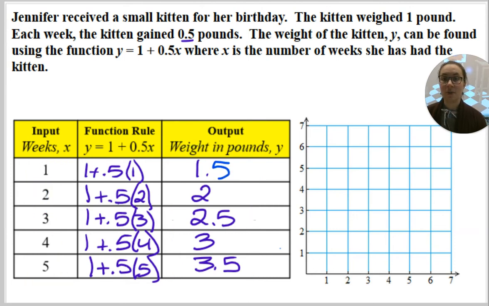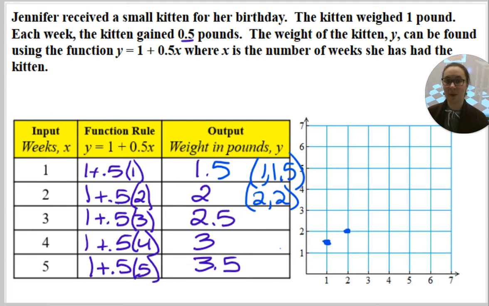All right, so this first pair, 1, 1.5, that would be point (1, 1.5). So let's graph that. Over 1, up 1.5. And yes, you can graph decimals on a point. It's just halfway between. (2, 2): x is 2, y is 2. Over 2, up 2. Remember, always go over to the right first and then go up.